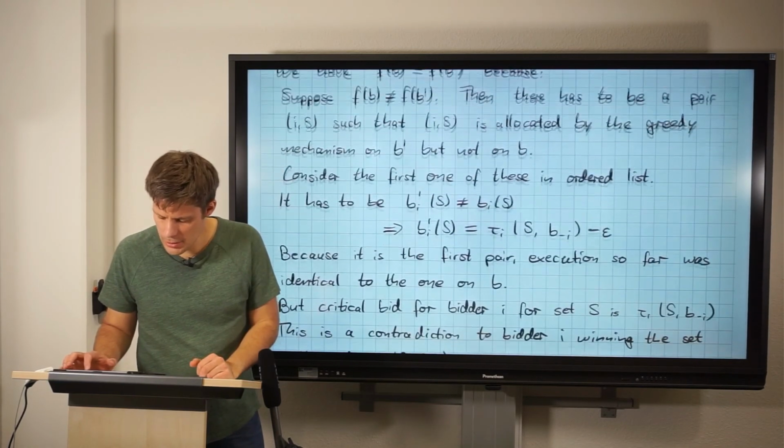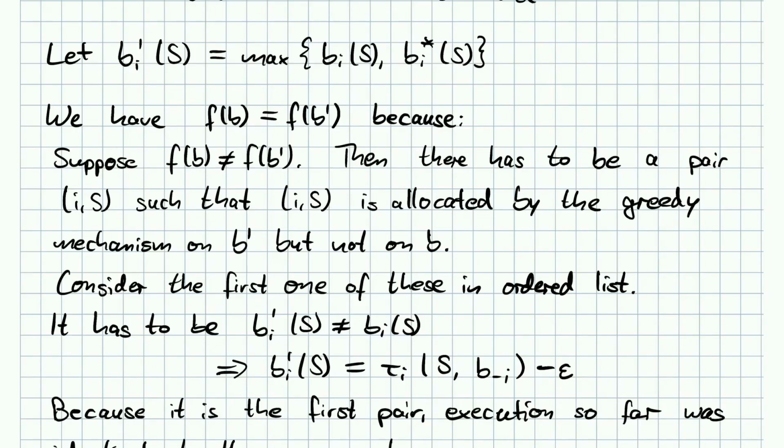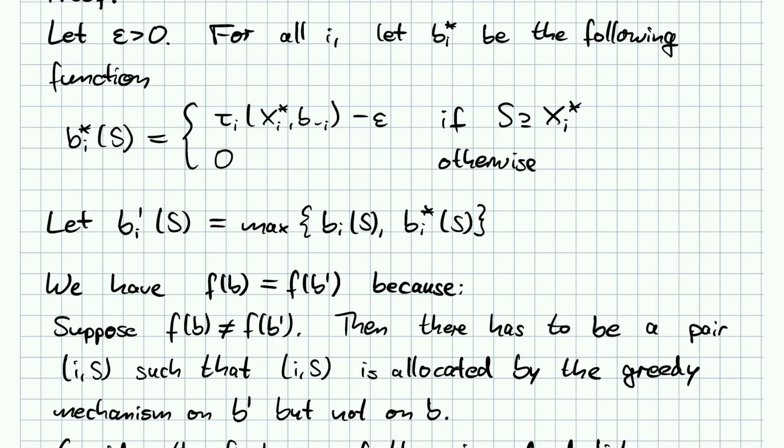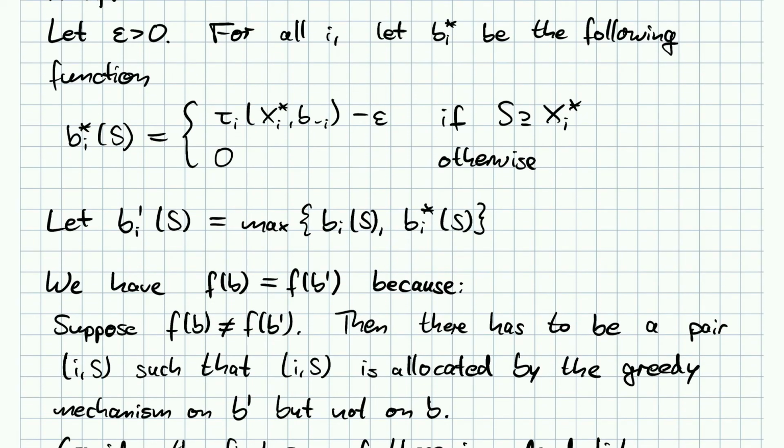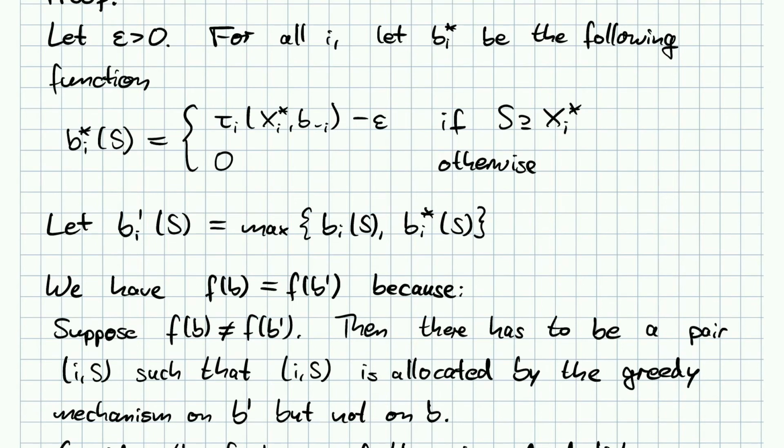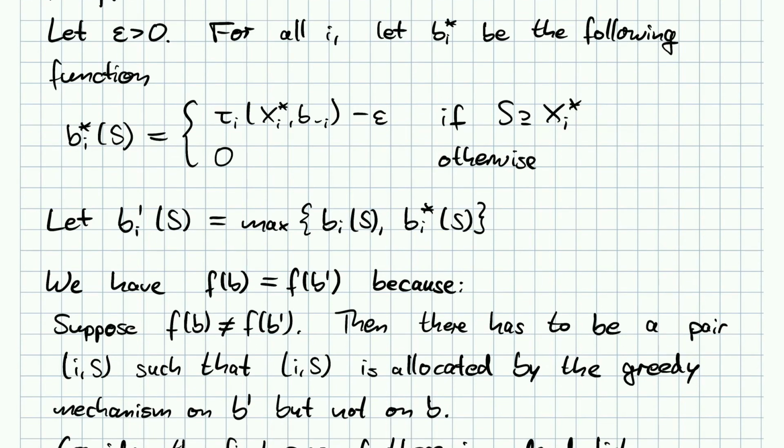Good. Now what do we have? We now constructed this b prime bid profile with a property that on b prime actually the same is happening as on b. This is written here in a somewhat fancy way. Now what else do we know?